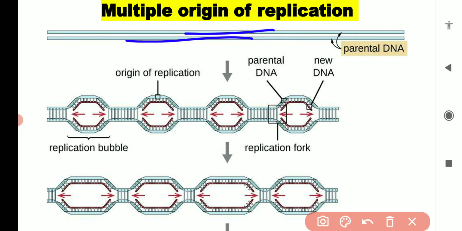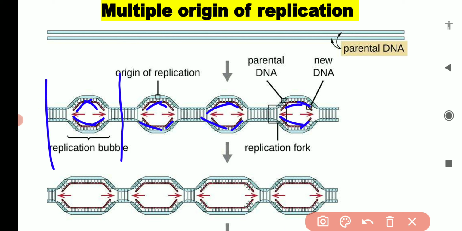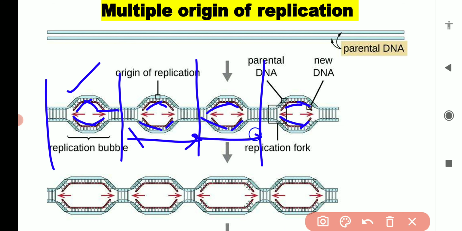Here there are multiple origins of replication: 1, 2, 3 and the 4th. At each origin, replication takes place in both directions. So this DNA segment will be replicated by the first origin of replication, this segment by the second origin, this by the third origin, and this by the fourth origin.